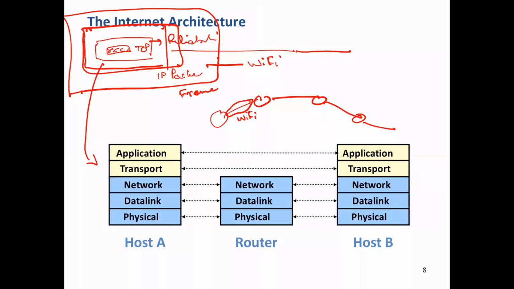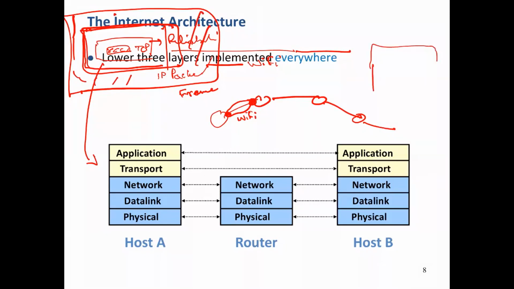This packet will go only up to this point, because this outer packet corresponding to layer 2 is only for Wi-Fi. Then the outer packet is taken out, and what is left is the IP packet carrying the TCP packet, TCP carrying our data, right?